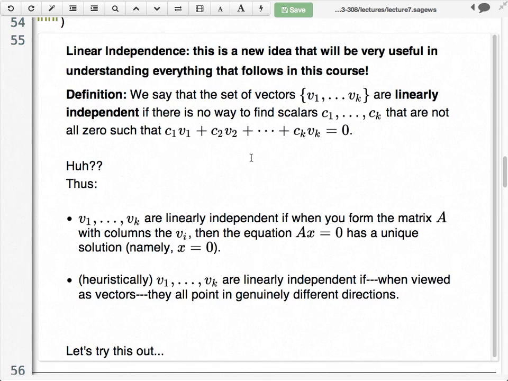Like you can do 0 times the first one, you better do that, and then anything you want at all, say 1728 times the second one, and you'll get 0. And that's not 0. So no matter what you do with the A, these are linearly dependent. Linearly dependent just means that you're not linearly independent. So you could say that linearly dependent equals not linearly independent.